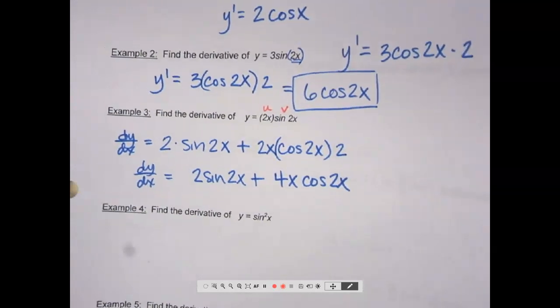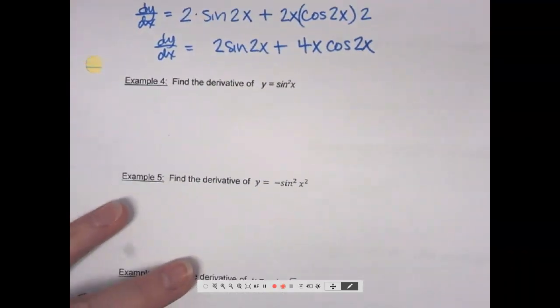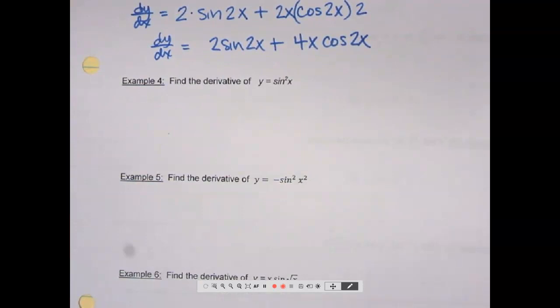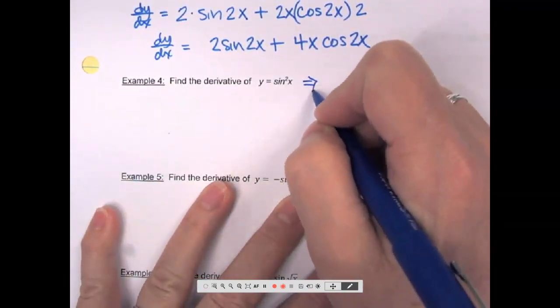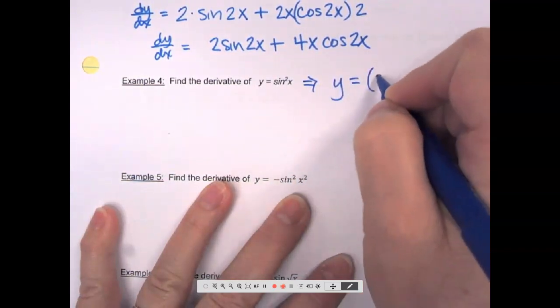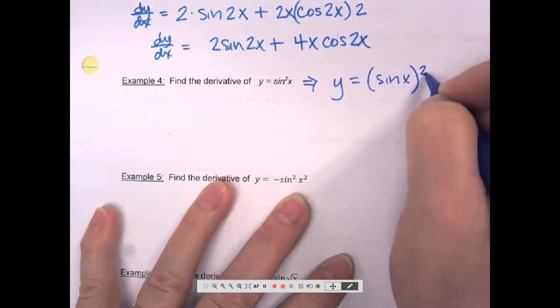Okay, all right, what about the next one? Sine squared x. Bring a 2 down. Okay, I might at least mentally want to think of this as sine x, squared.